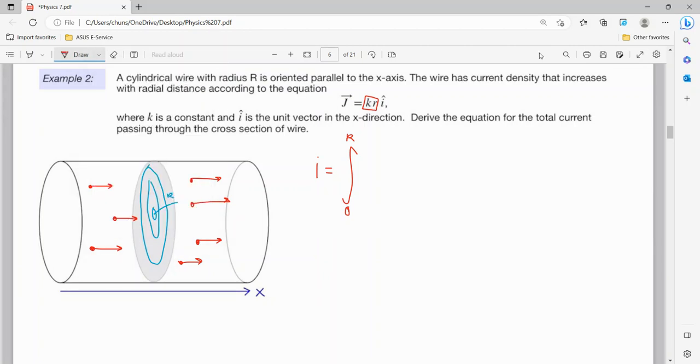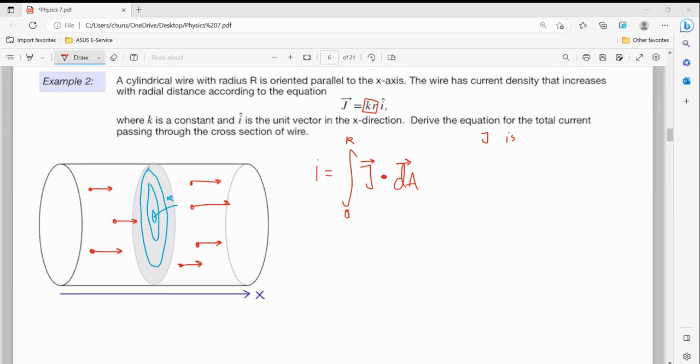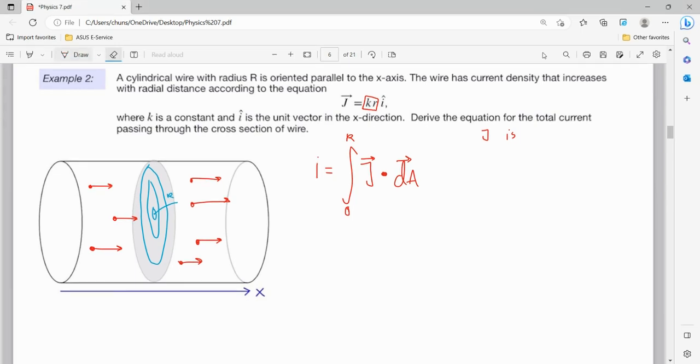And this was our current density, the dot product of our area. So since J is parallel with dA, right?